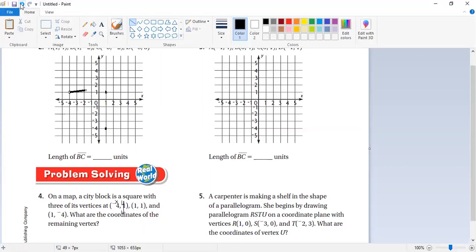So to make it a square, of course we need to join these points, right? Let me make the line a bit thinner so that it will be clear. To draw a square, we need to join it from here to here. It's not visible. Can I change the color? Let's see. Yes. Okay, but I think it's better to make it a bit thicker.